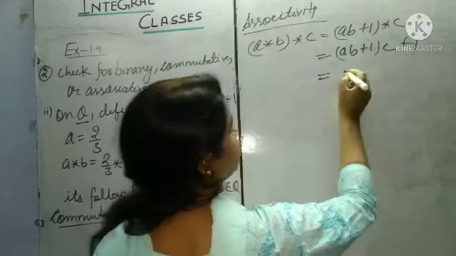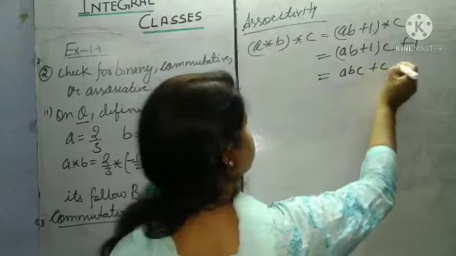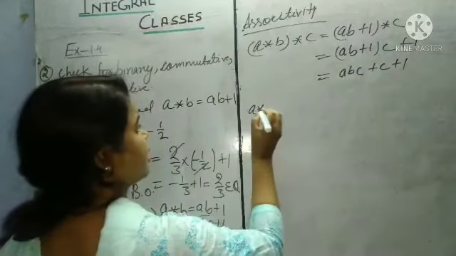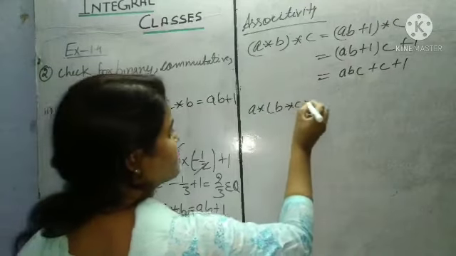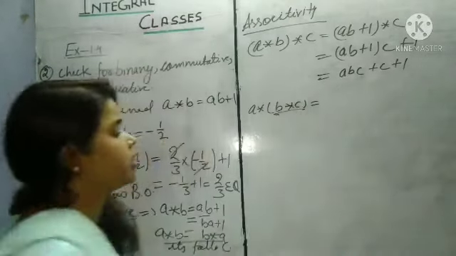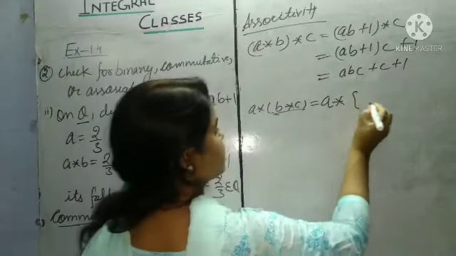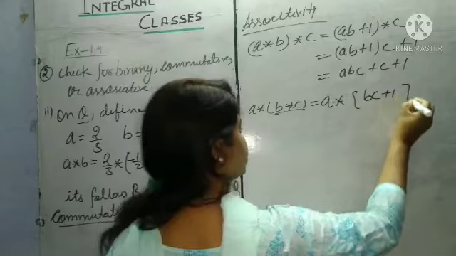Then we get ABC plus C plus 1. Now the other side, A star B star C. First we apply on B star C, keeping A star as it is, then BC plus 1.